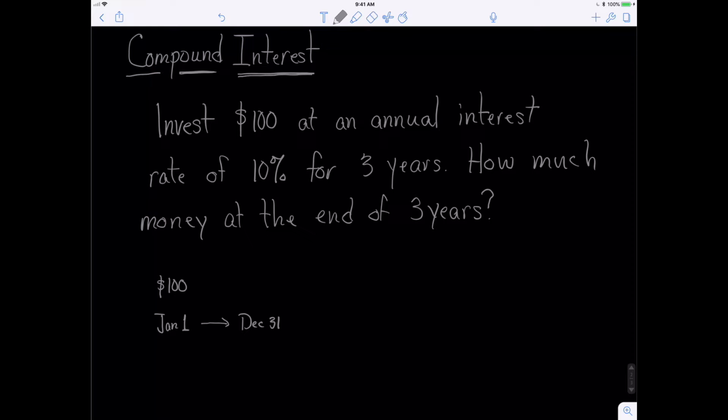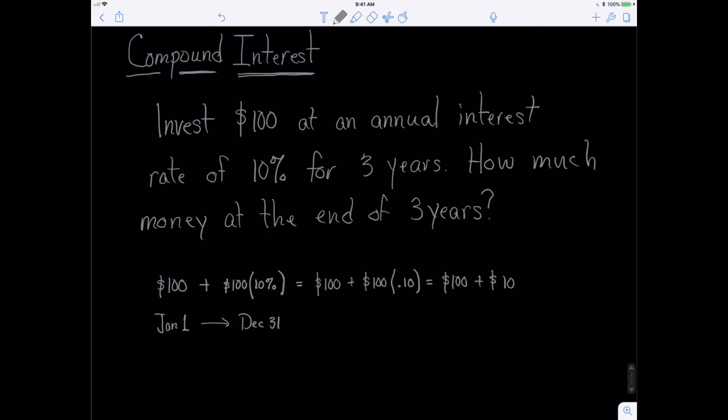So remember, to find a percent of something, you multiply it by that percentage, 10%. And remember that a percent is also a decimal, so really this is $100 plus $100 times 0.1 or 0.10, either is fine. So now this is $100 plus $10.